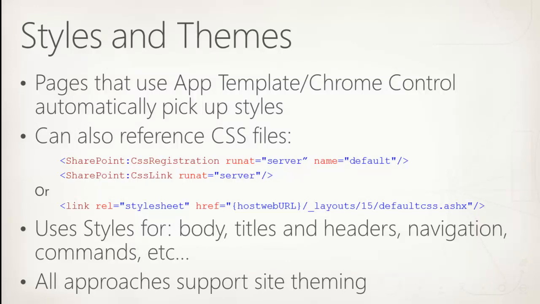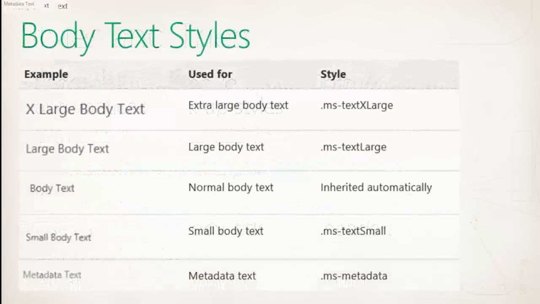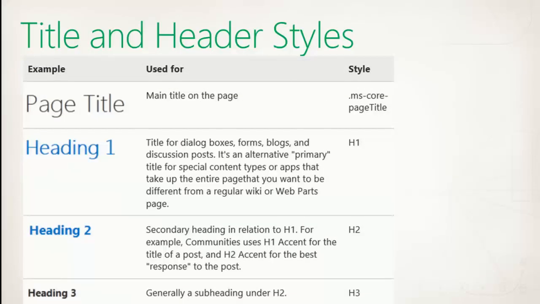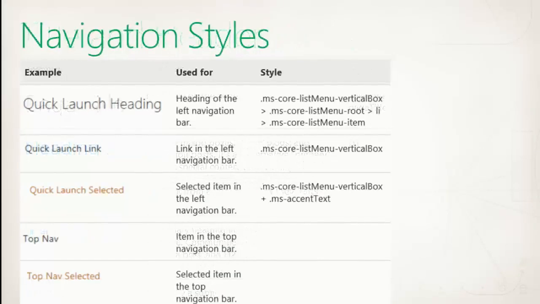And so we've done actually a ton of documentation around all the right styles that you can use, and then we've also added a lot more semantics around our classes. So just to show some of the examples here, basically we have examples for all the body text that you might want to use. We did have title and header styles, and so all of these cases will help you go and fit in naturally like you do with the rest of SharePoint.